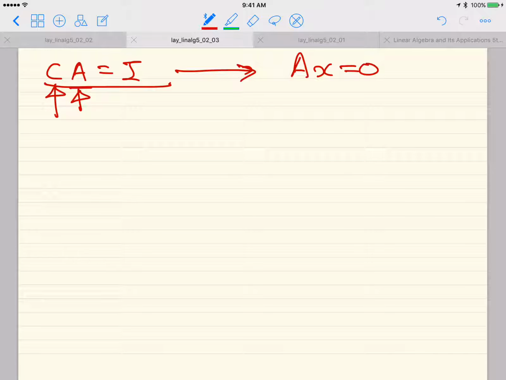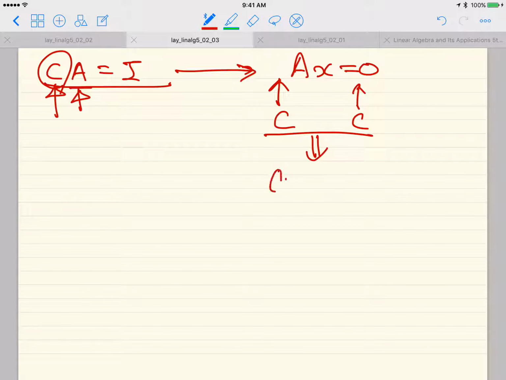It's quite simple, but it requires a little bit of a tricky kind of technique. So you just multiply C on the left side of this homogeneous linear system. Okay, and C exists, so that's our initial assumption.